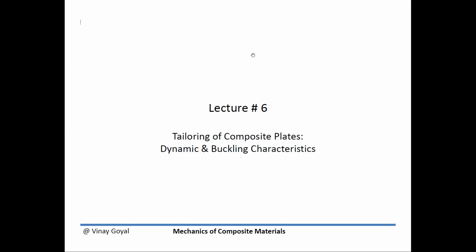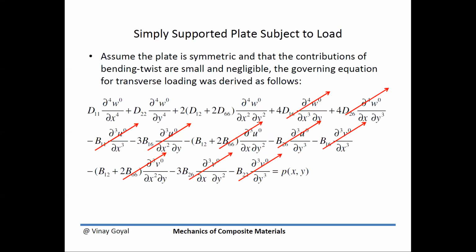So we had previously discussed the simply supported plate subjected to a distributed load. And we assumed that the plate is symmetric, which I think is a good design choice because a symmetric ply layup does not involve the B matrix, which is the extensional bending stiffness coupling term, as you recall, which connects the stress resultants that are acting in the in-plane direction and connects them to the moment resultants.